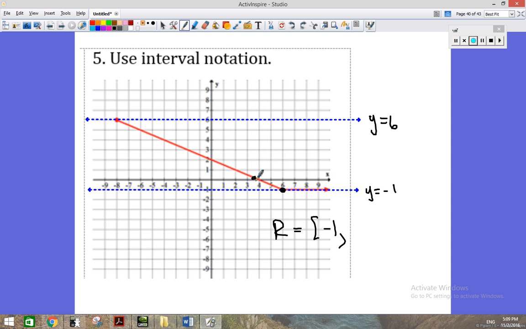I know that I have points on the graph that are bigger than -1, but when I get up to 6, I do not have a point on the graph that has a y coordinate that is bigger than 6. I know all of the y coordinates on this red graph here. Any point you find will have a y coordinate that is bigger than or equal to -1 and less than or equal to 6. So there's my range for this problem.